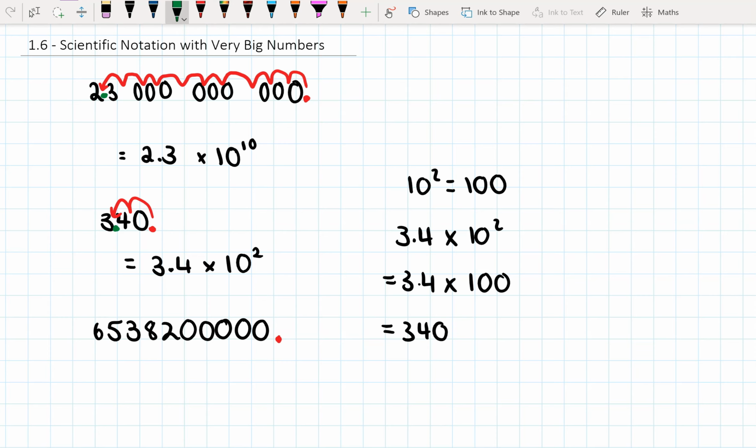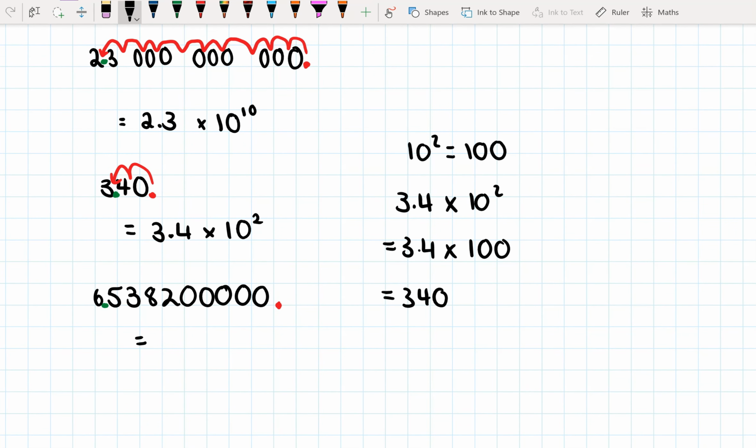And we want it after the first non-zero digit. That doesn't mean between the 8 and the 2. What that means is we're going to put it over here between the 6 and the 5. So we know our new number is going to be 6.5382.